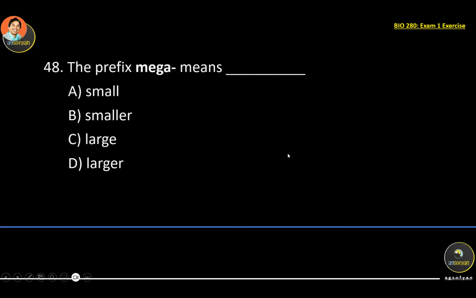The prefix mega. We already mentioned that before. A, B, C, or D. Mega means large. Macro is very similar to mega. Which one is it going to be?